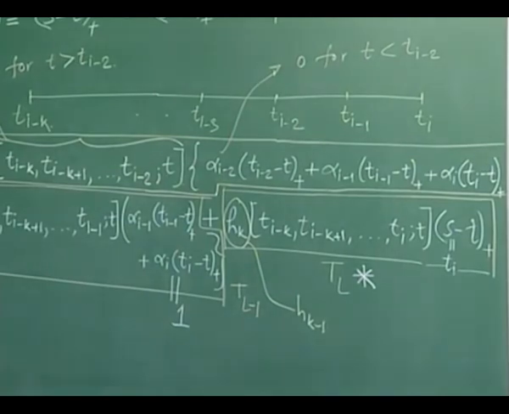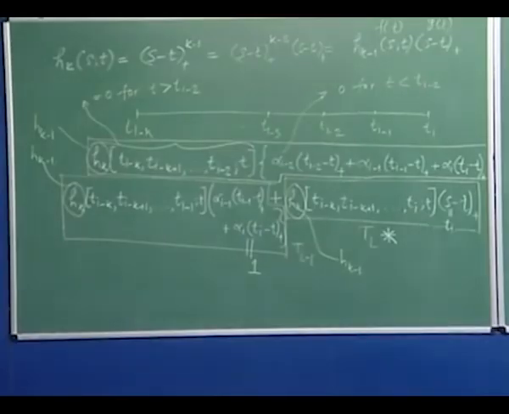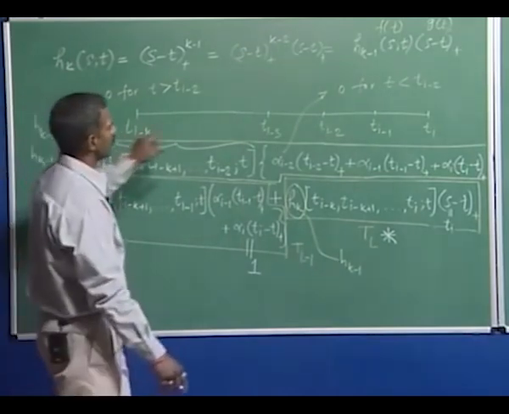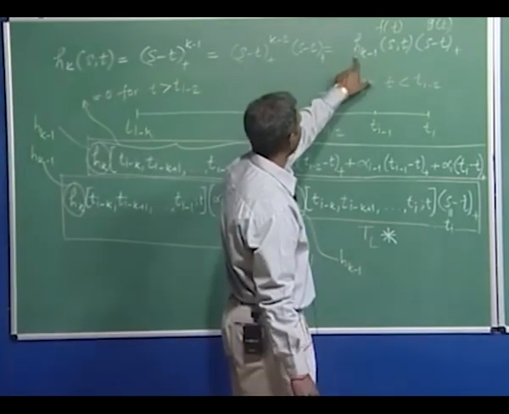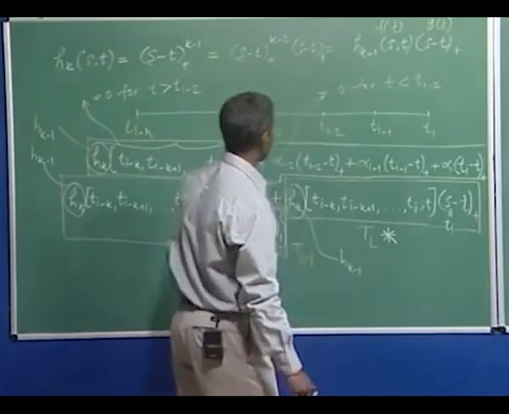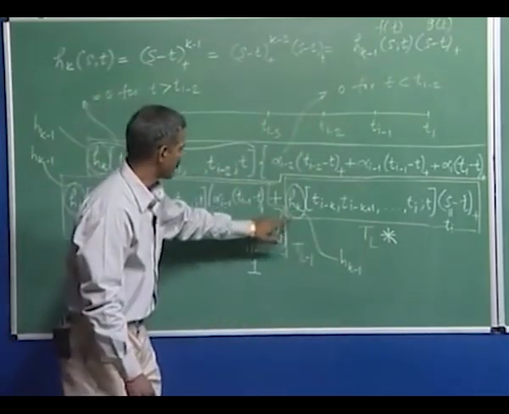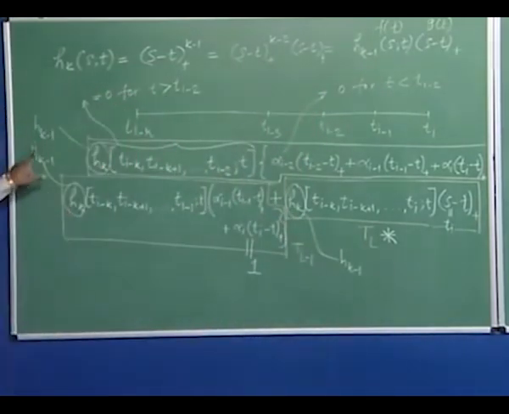You might want to make corrections in your notes. Obviously, this is so because here I have h_{k-1}, and I have been computing the divided differences of h_{k-1} all along.